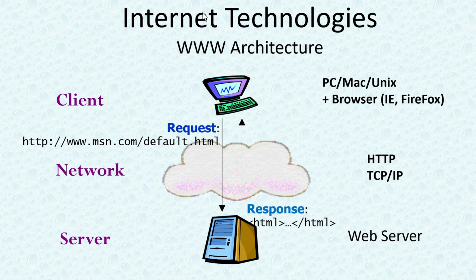Like in a restaurant, the client is someone who needs food from the server, and the server provides food to the client, and the network is like the restaurant, a channel where the client and server meet for providing and giving services.